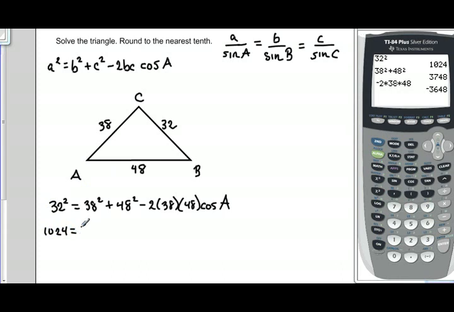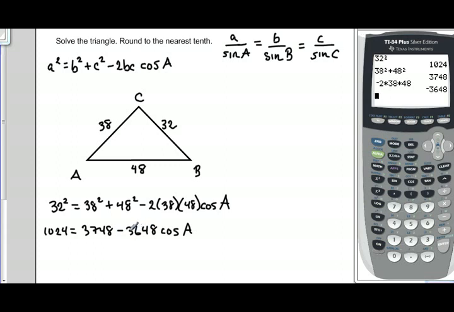So let's write all those in. 1024 equals 3748 minus 3648 times the cosine of angle A. All right, now at this point we want to get this term here, the cosine A, by itself. A very, very common pitfall is for everybody to subtract 3748 minus 3648 and get 100 over here.